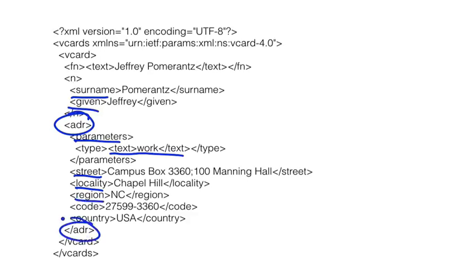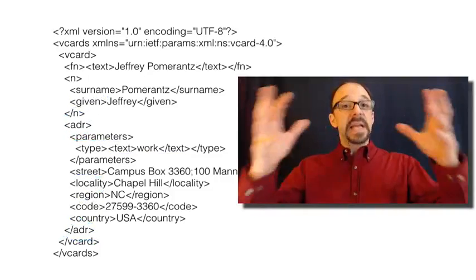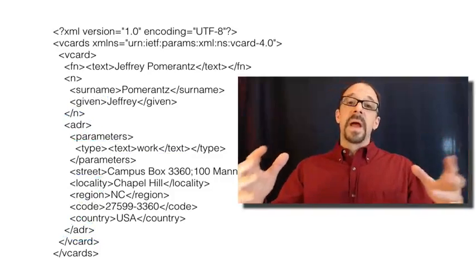So again, you get a set of tags in XML to indicate all of the pieces of information about a person that you might see in any vCard. It's the same content in a different wrapper.